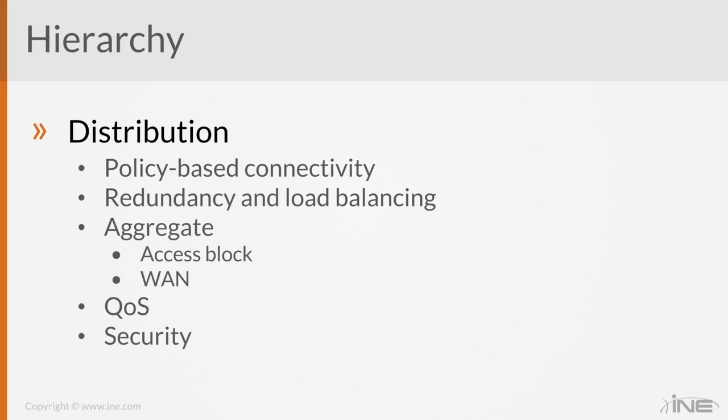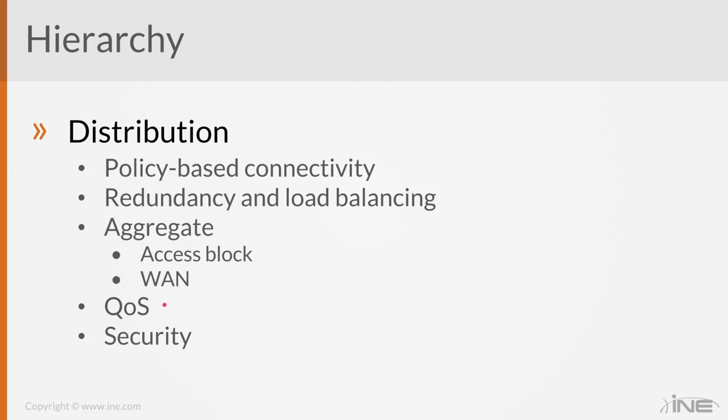We call it a collapsed distribution, collapsed core. But at the core, we will be aggregating the access switches from the access block, and we can also aggregate the WAN connection. In a perfect situation, you would have more switches to aggregate your WAN.